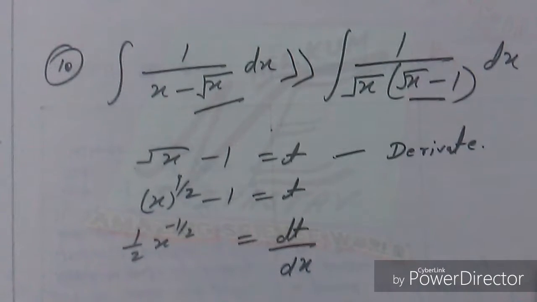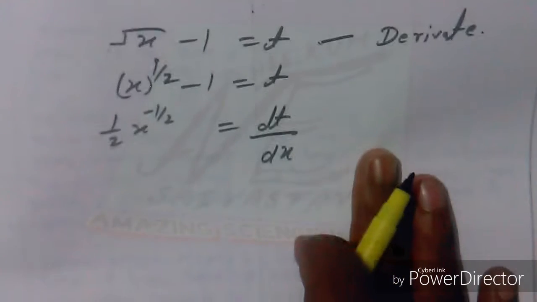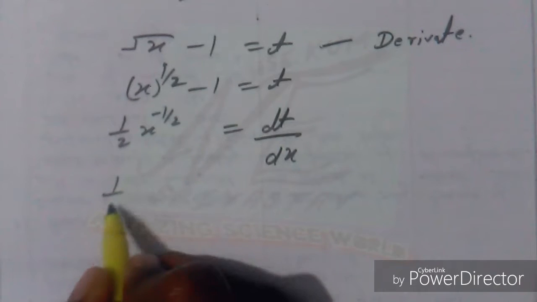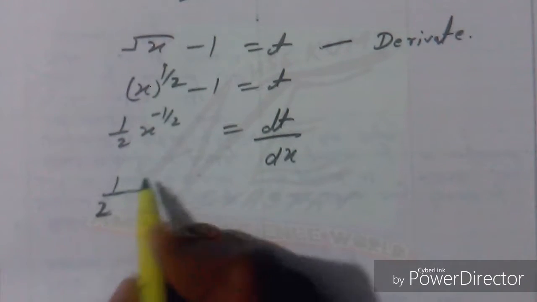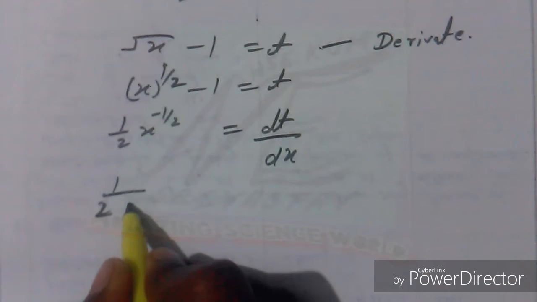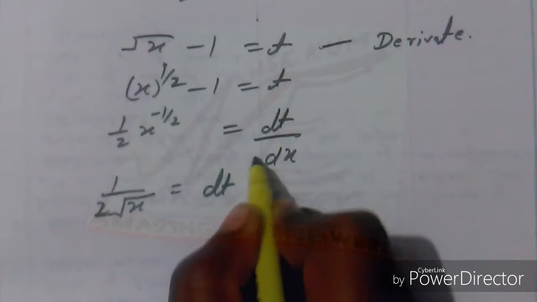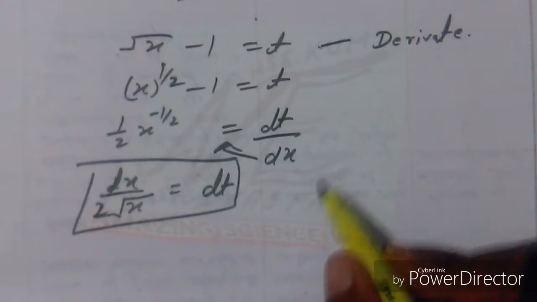My friends, now we solve the equations, that is 1 by 2, the minus power goes to the denominator, 1 by 2 under root x is equal to dt by dx, so dx comes in the multiplication. Now that is the equation we use in this function.